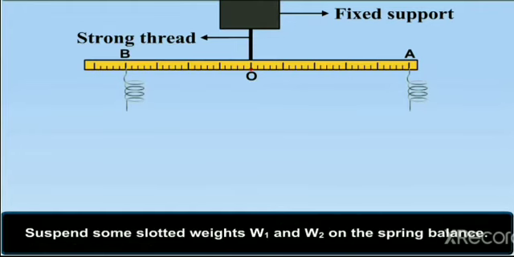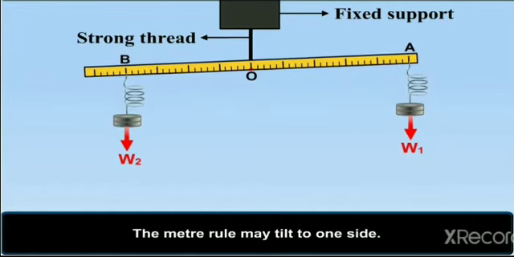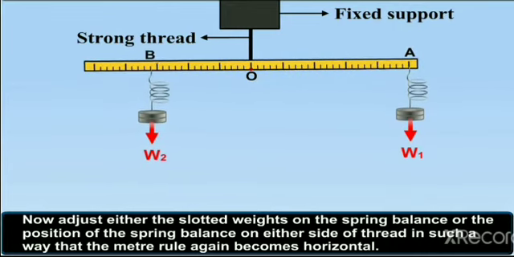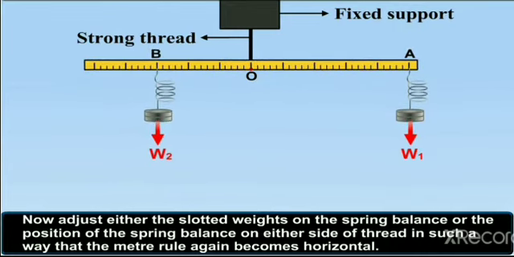Suspend some slotted weights W1 and W2 on the spring balances. The meter rule may tilt to one side. Now adjust either the slotted weights on the spring balance or the position of the spring balance on either side of the thread in such a way that the meter rule again becomes horizontal.